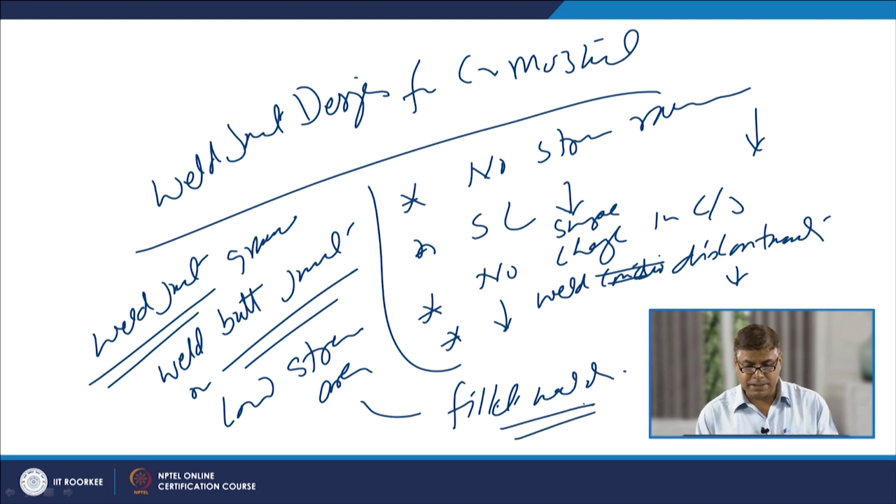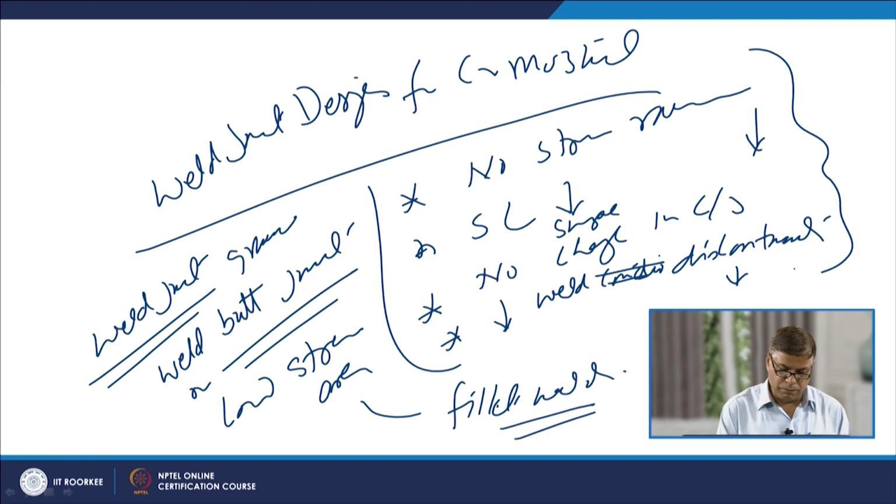So, one very simple thing is that we need to make the effort to use the groove butt joint as much as possible, so that unnecessary stress raisers in high stress areas of the chromium molybdenum steel weld joints can be avoided. And if the weld joints are falling in the low stress areas, then maybe we can use fillet weld joints also. So, that was about the kind of joint design to be used.